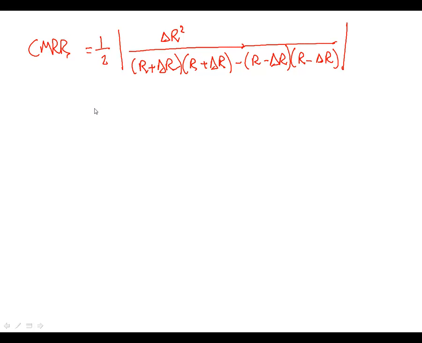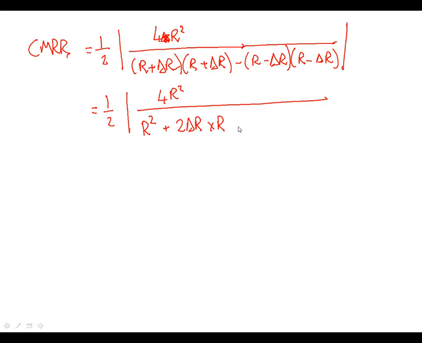If we now just expand those denominators, we end up with a half into, sorry, this numerator is not delta R, it's 4R squared, okay? 4R squared, all divided by, we have an R squared plus 2 delta R times R. Delta R, remember, being the variation, plus delta R squared minus R squared plus 2 delta R times R minus delta R squared. Okay.